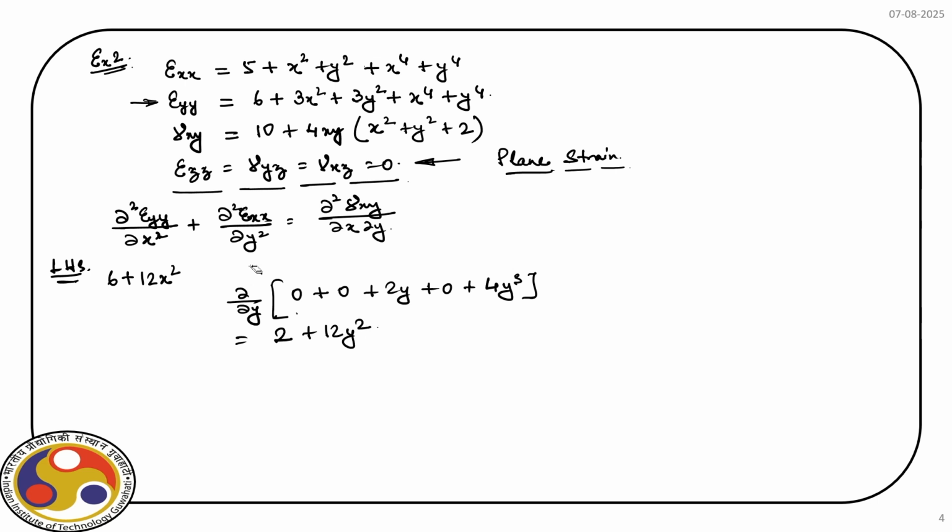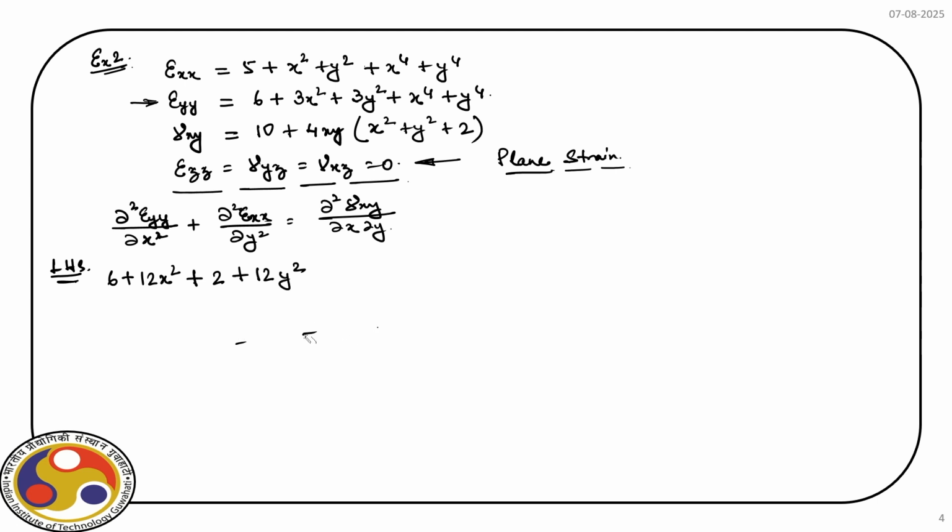Okay. So, we have the left hand side ready. So, plus 2 plus 12 y square. So, this is equal to 8 plus 12 within bracket x square plus y square, right.